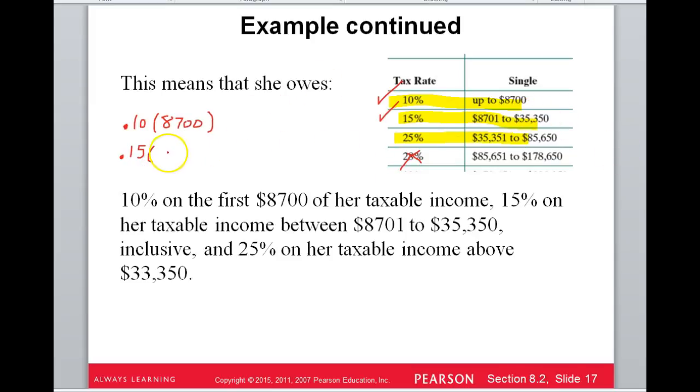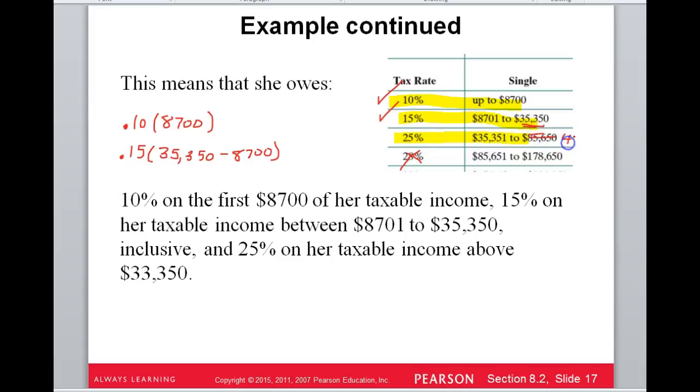So we're going to take the $35,350, all of the highest amount, minus the $8,700 that we've already taxed. We've already taxed $8,700, so we're going to tax 15% at the high end here, minus the $8,700 that we've already taxed. And then the last group, she didn't make this much.